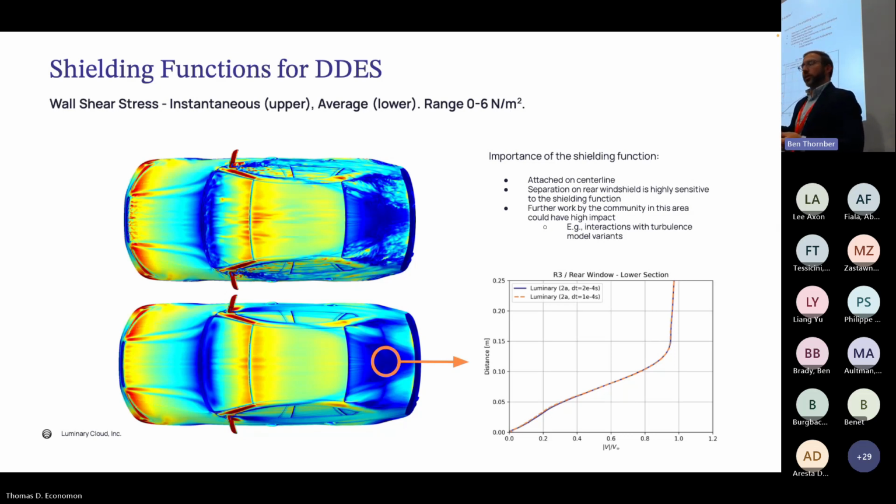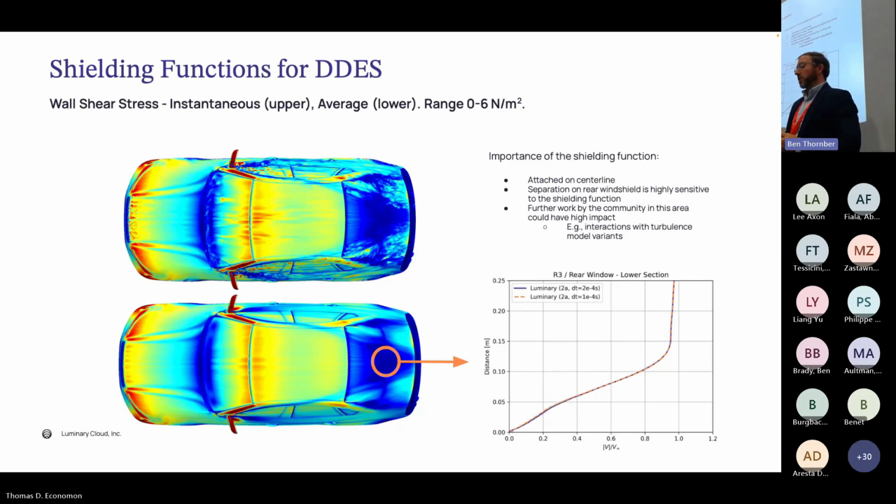But if you go a little bit off the center, it's maybe hard to pick up here, but there are small recirculation regions just off the center. This is something other folks pointed out earlier. We also found that if we messed around a little bit with the turbulence model, say use the QCR variant or try different things, this area is very sensitive. So it's important to spend extra effort on the shielding function to make sure that area is not separating.